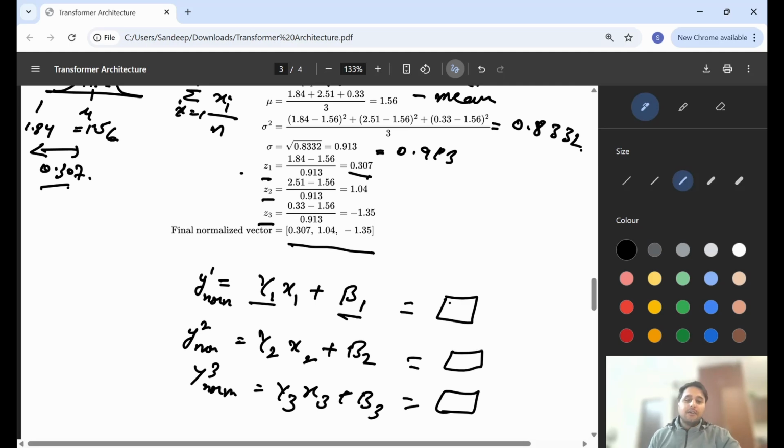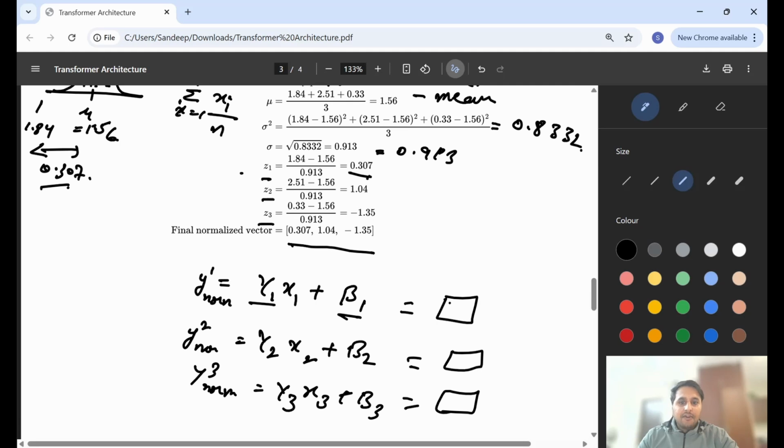Now you all are thinking, why do we use gamma and beta when we already did the normalization? To answer this, sometimes the model loses the original information when we do multiple vector operations, so our neural network loses the original meaning of the vector.